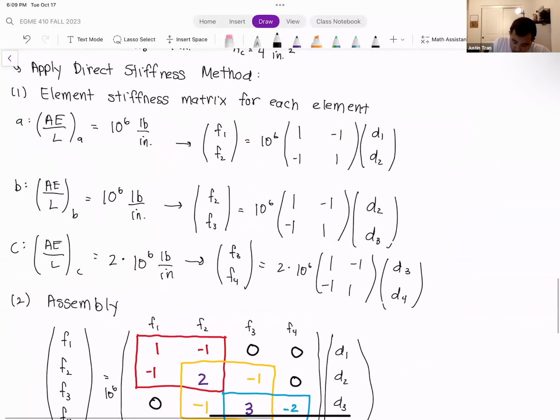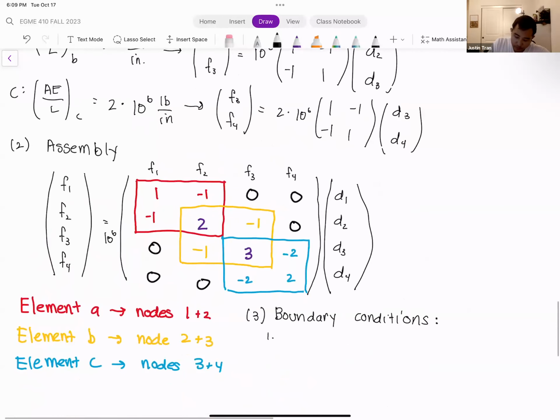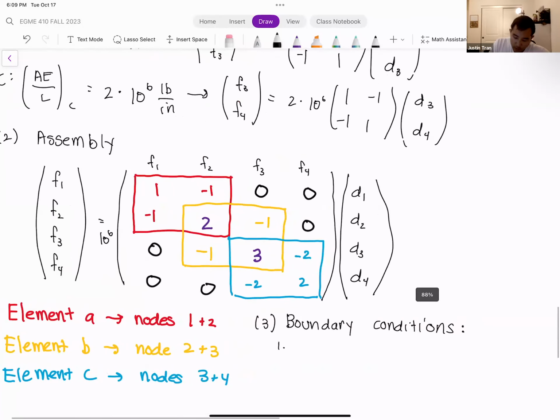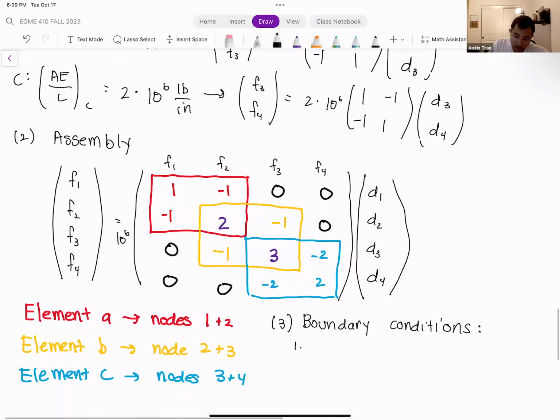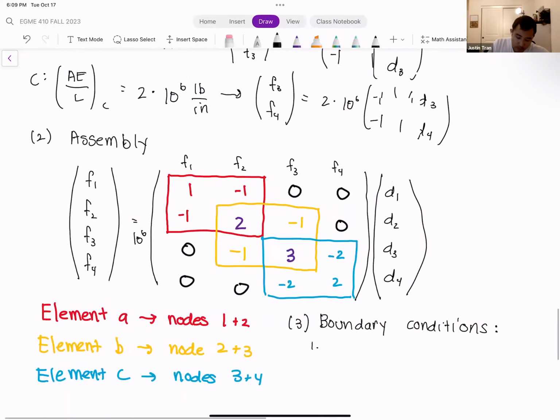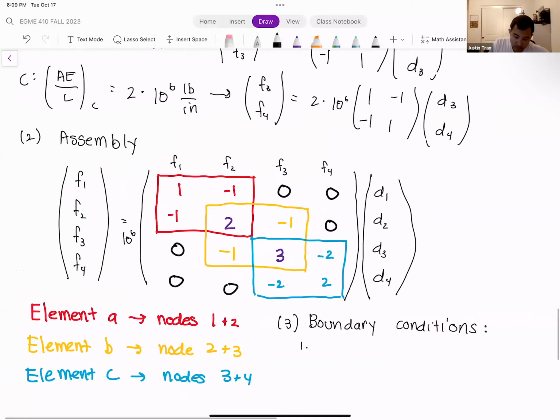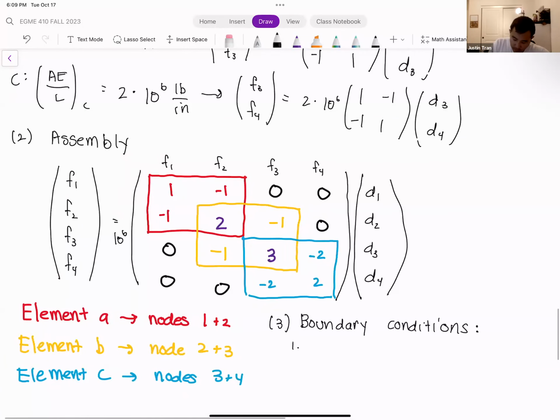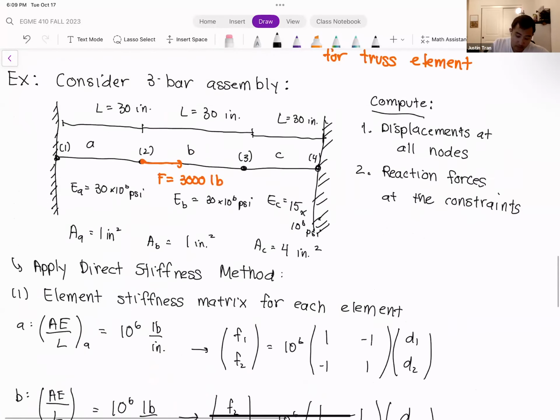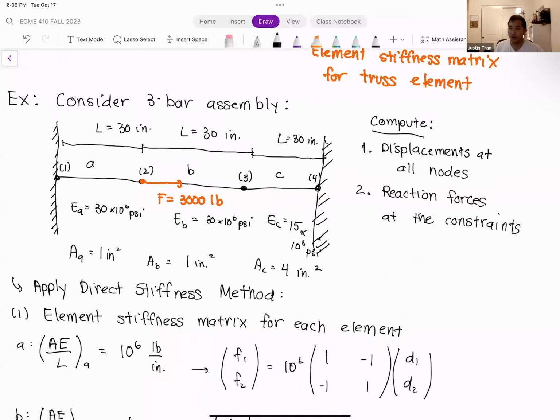Okay, so let's go back to the original diagram here. Sorry about that. I don't know what's going on. And so from the original diagram here, you can see we have 3 boundary conditions. Let me go ahead and circle them in purple here. First of all, we have the boundary condition on node 1.